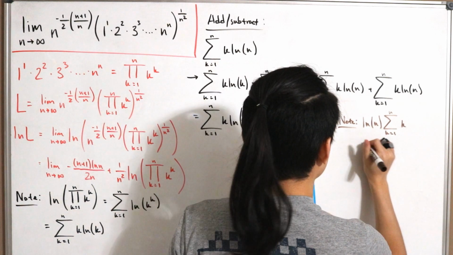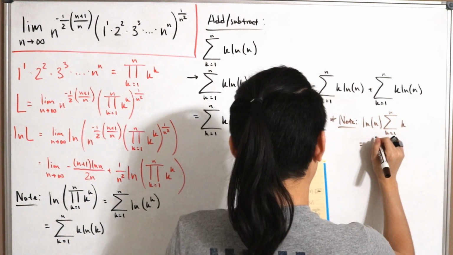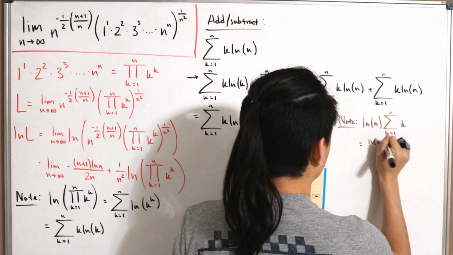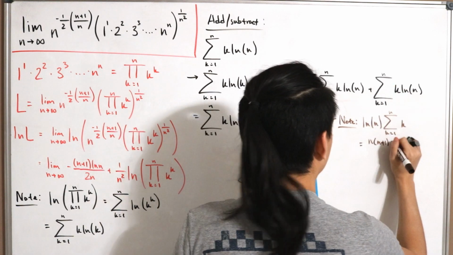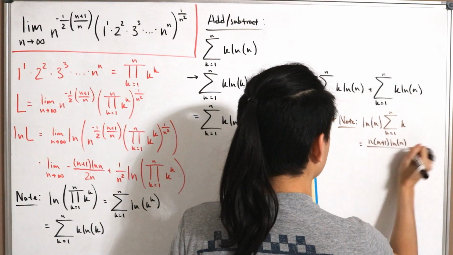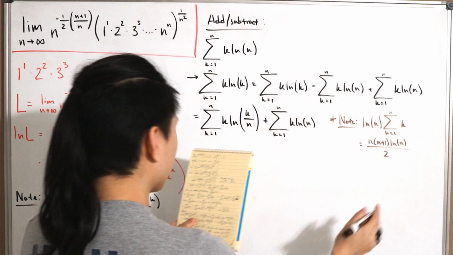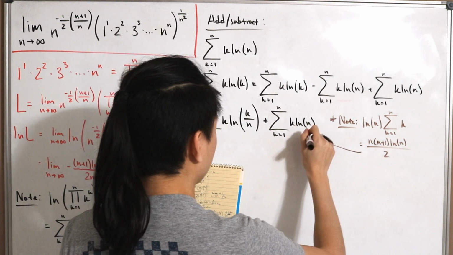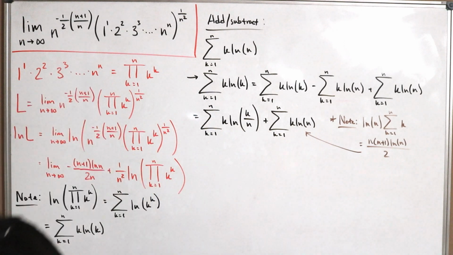And so that gives us this form, that we can write this as n times n plus 1, then multiply the ln of n over here, and this is just divided by 2. So from here, we can make this substitution and continue on with the calculations.